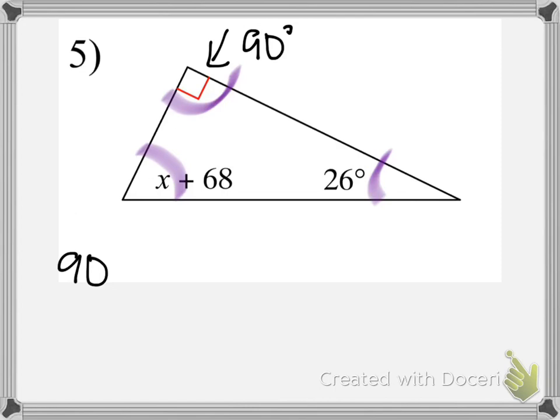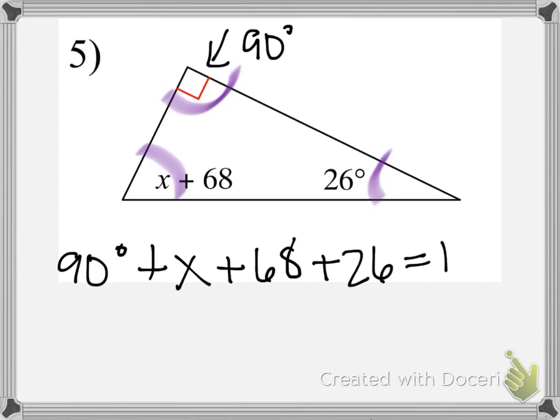So we'll have the 90 degrees plus the x. Sorry, my pen's not working. Plus the 68 plus the 26 is equal to the 180 there. Okay, so here we want to combine our like terms. So we have 90 plus 68 plus the 26 is equal to the 180.